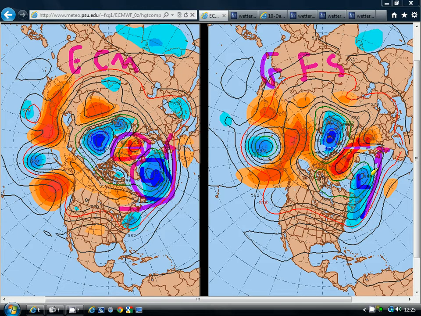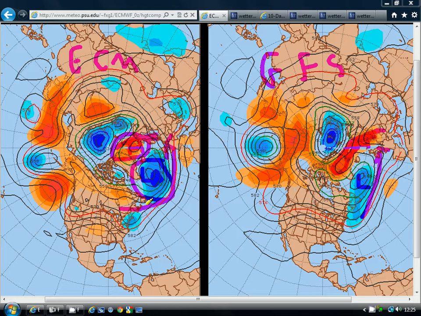Now, this is pushing up against this blocking feature. Both models are agreeing that this blocking feature is sitting up to the northeast, and we've got the jet stream of the trough pushing in to that blocking feature. So basically, the idea is that there's a battle going on between high pressure to the northeast and low pressure out to the west. And we're talking about fractions here. Fractions making a very big difference to the weather, because if we keep the block more in control of this, then we'll keep it basically settled away from the west and the northwest.